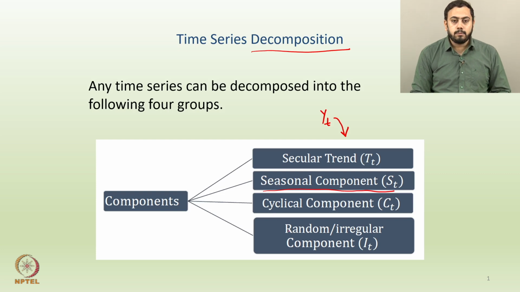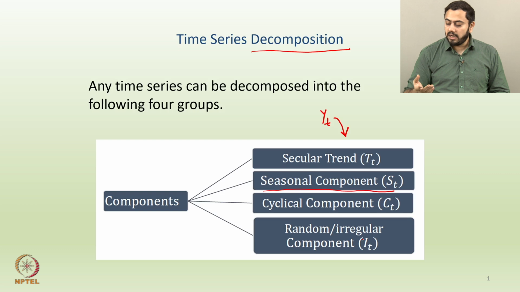And then the fourth component of any time series is called the random component or irregular component. Notation wise, trend is described as Tt, seasonality as St, the cyclical component as Ct, and lastly the random or irregular component as It.